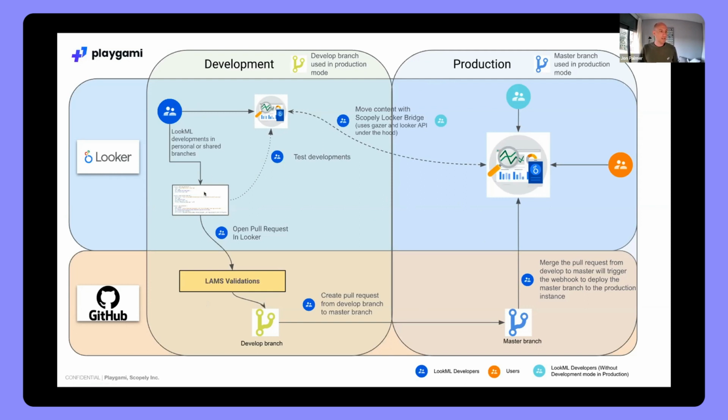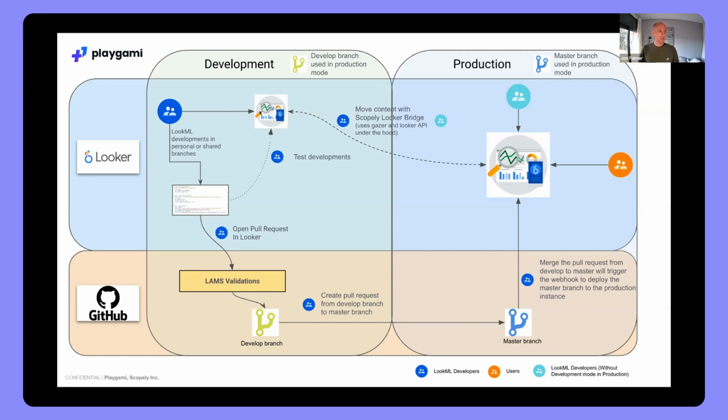When they're ready, they open a pull request, LAMS is triggered, and in the development branch you will have your code. If you've got some warnings you want to work on, you can go back and do it again. But fundamentally, you've got that code into the development branch. When you're ready, you then open the pull request to get to the master branch via that webhook. And there you go, you've got your LookML changes available in production.